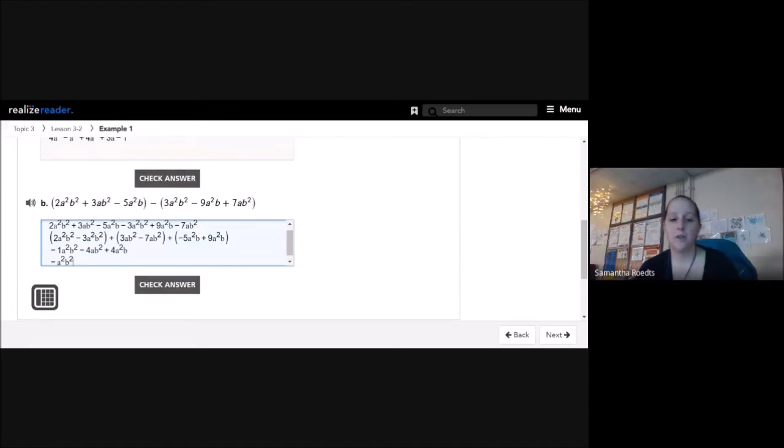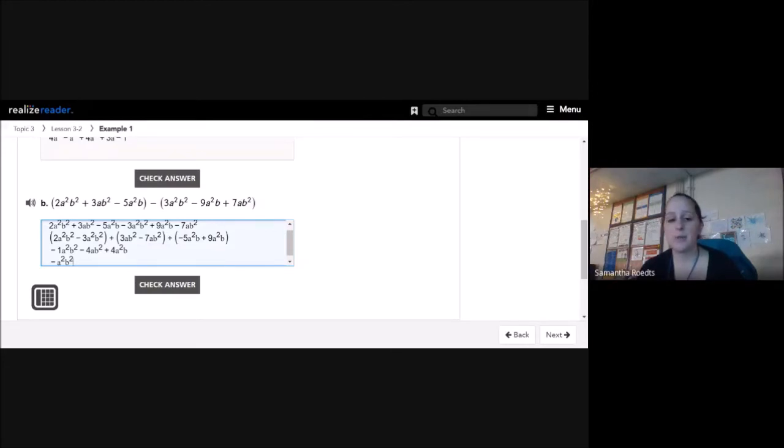If I have two terms with variables and exponents that are equal, so like a to the first b squared is 3, a squared b to the first is also 3, I like putting the variable that comes the earliest in the alphabet first.